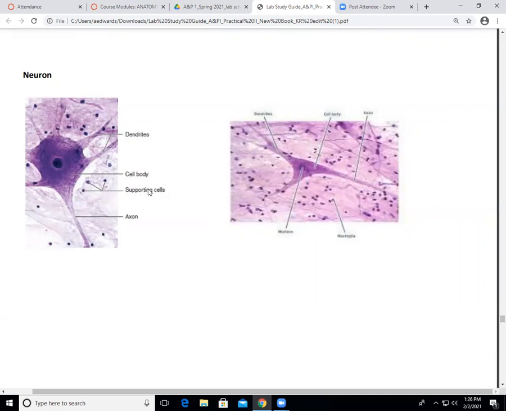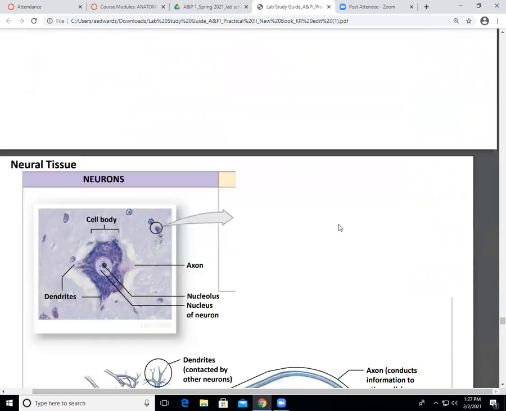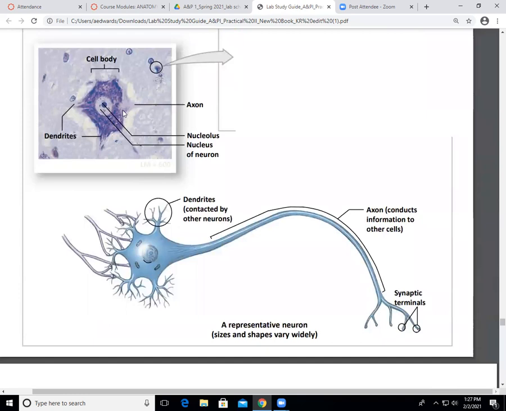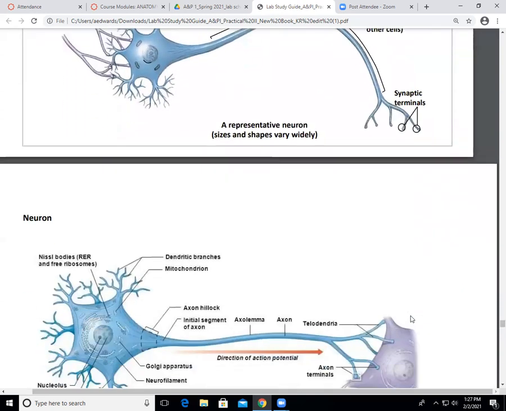Right here it says supporting cells, neuroglia. It says that here on this side. All right, there's your cell body, axon, dendrites. Again, dendrites receive information, axons send or conduct information. These are ends of the axon. We call these synaptic terminals. We'll learn more about that when we cover the nervous system.